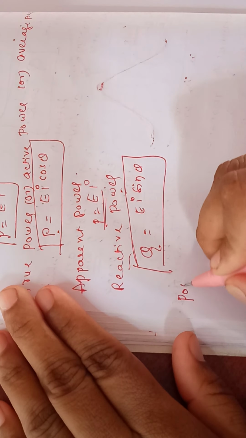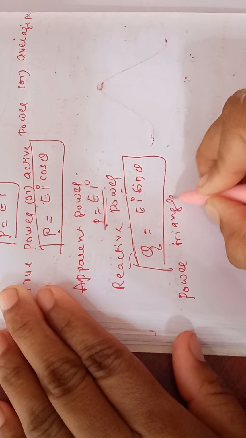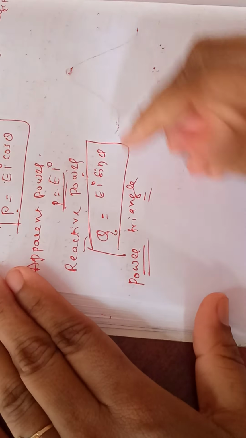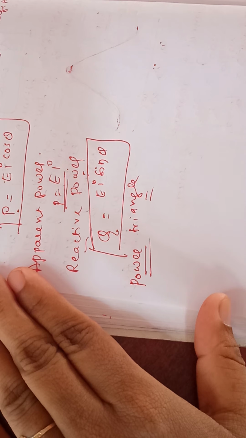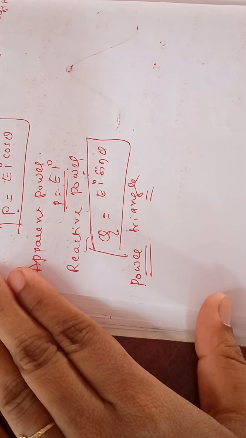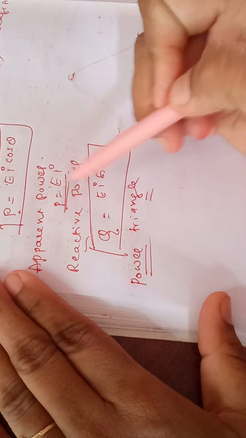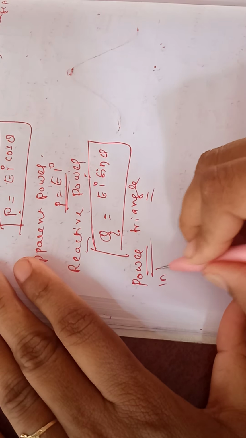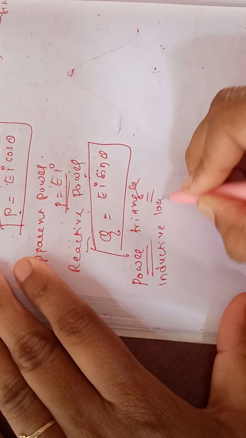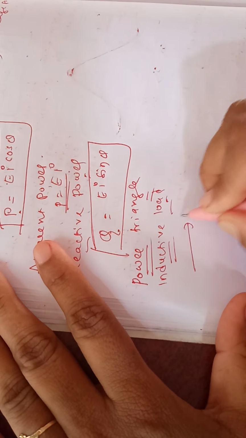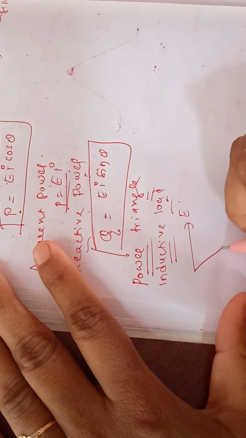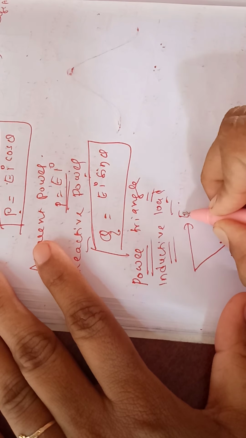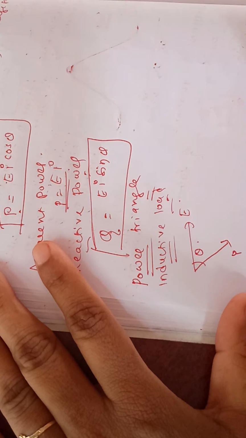Next, power triangle. We will get it geometrically, by using the equations of average, apparent and reactive power. As usual, first let us take an inductive load, an inductor. Here in the inductor, current lags the voltage by a certain angle.